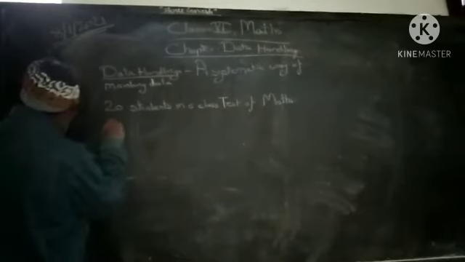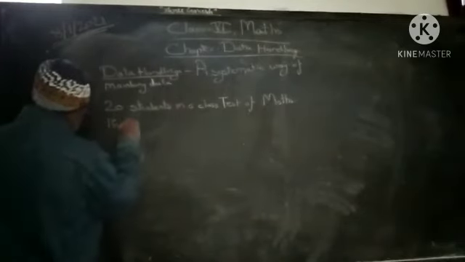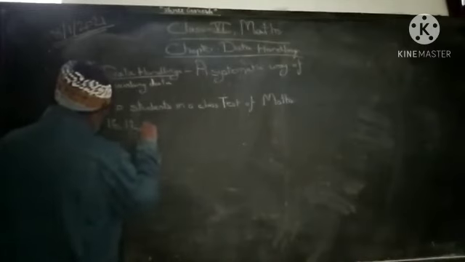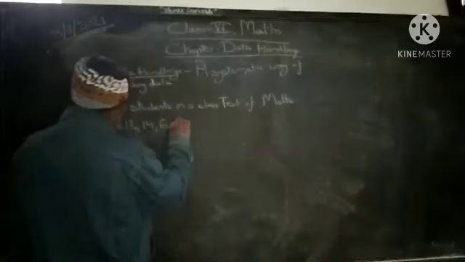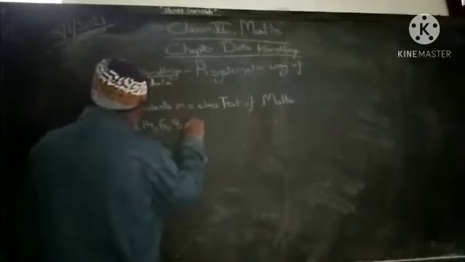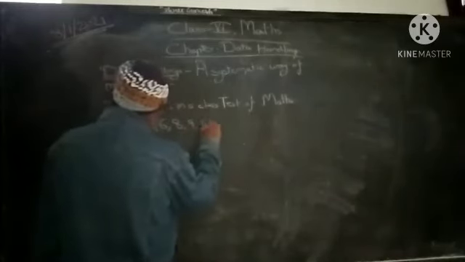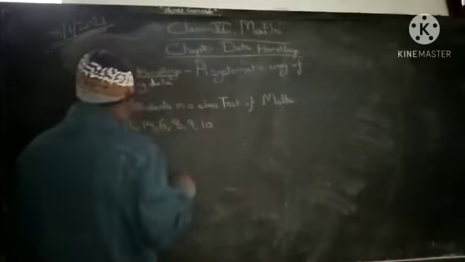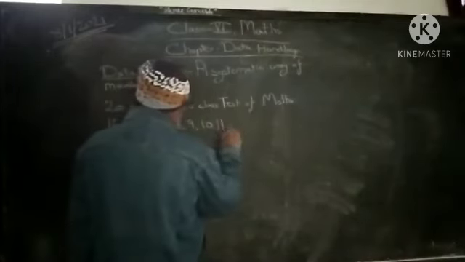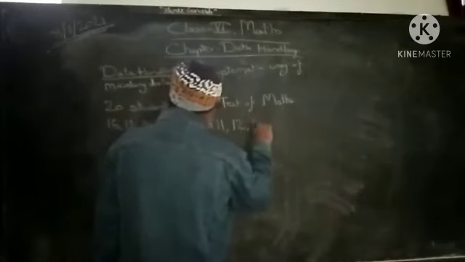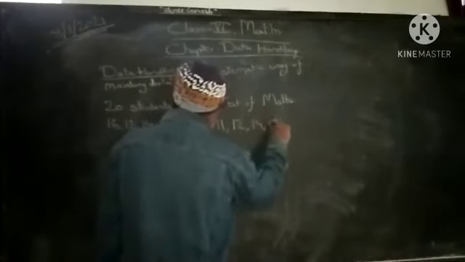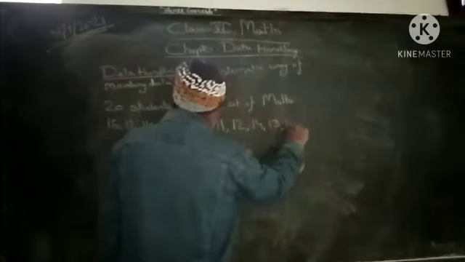Suppose someone gets around 16, someone gets 12, someone 14, someone gets 6, someone gets 8, 9, 10, 11, again 12, 14, 13, 16.